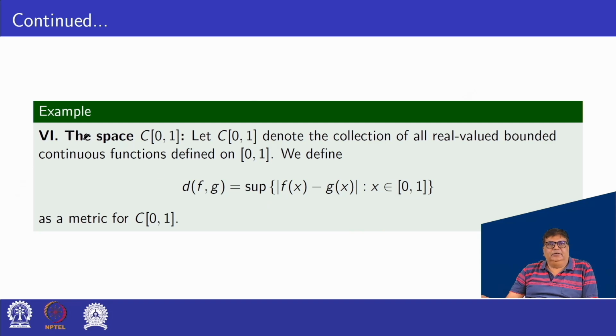Next example, the space C[0,1]. Let C[0,1] denote the collection of all real valued bounded continuous functions defined on the closed interval 0 to 1. We define d(f,g) as the supremum of |f(x) minus g(x)| such that x belongs to [0,1], as a metric for C[0,1].